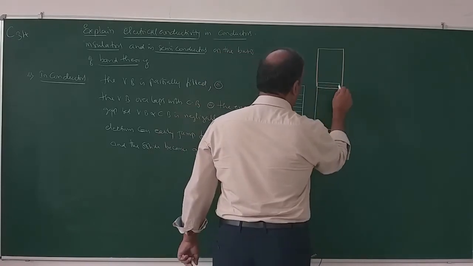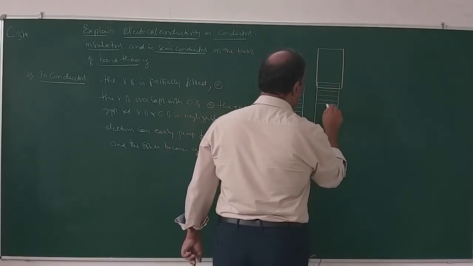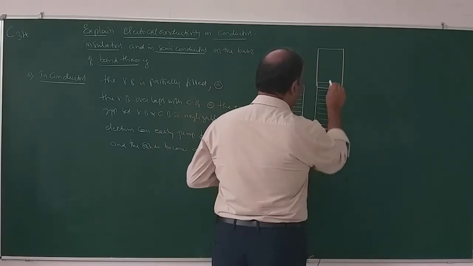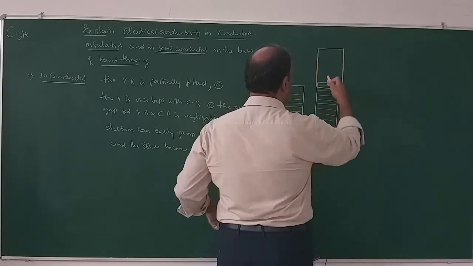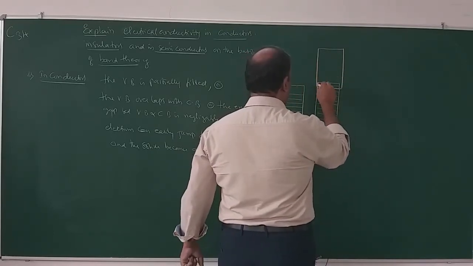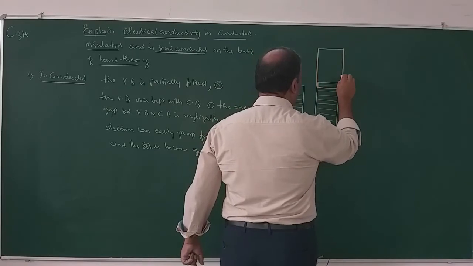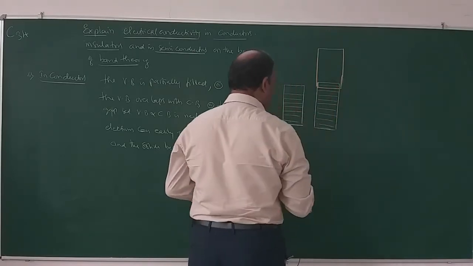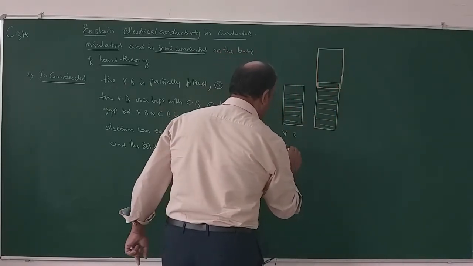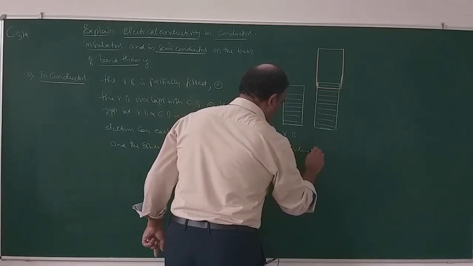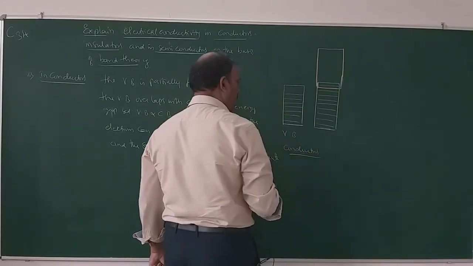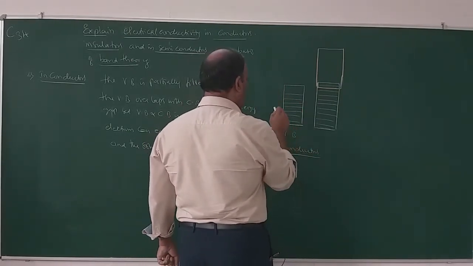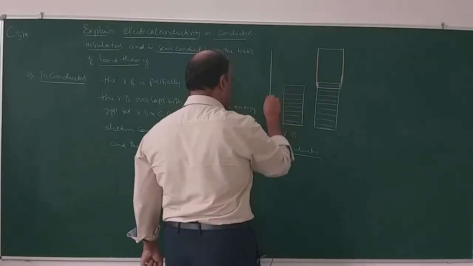So this is valence band and this one is conduction band, which overlap with one another. So this is in case of conductors. In conductors, the valence band is half filled. This is the energy.